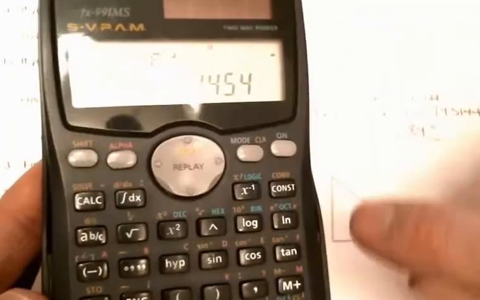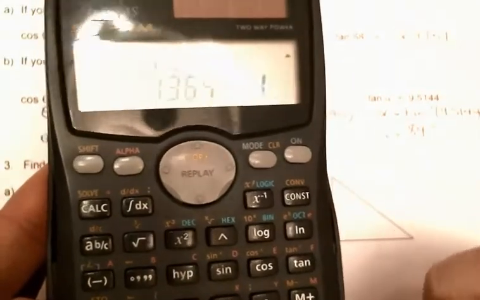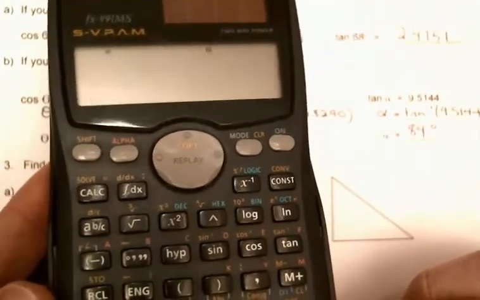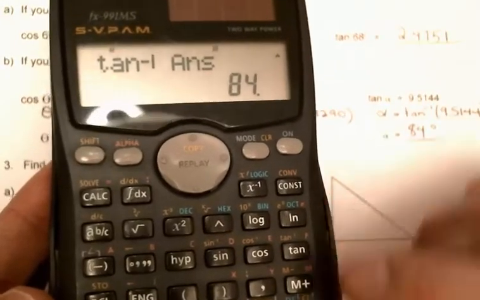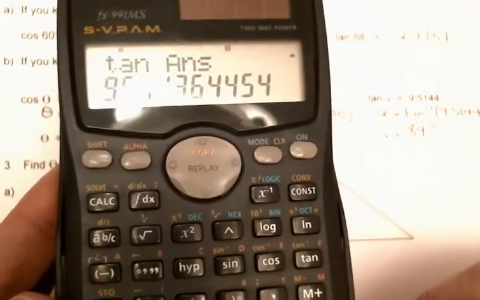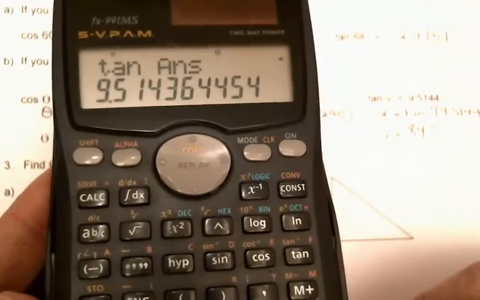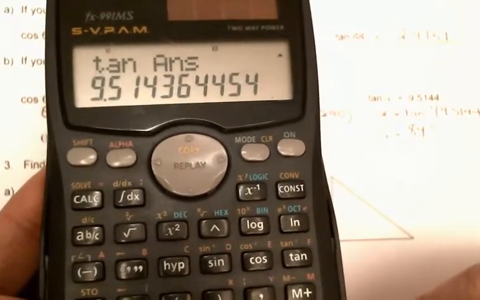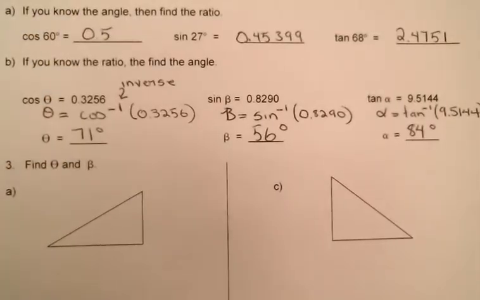You can just keep going forwards and backwards with this. Shift tan of that answer, and I'm just going to go back to 84. If I tan that, so they undo each other, and you keep reverting back and forth. Okay, so we're going to move on to example 3. We'll do one here, maybe two, and the rest we'll do in class together.